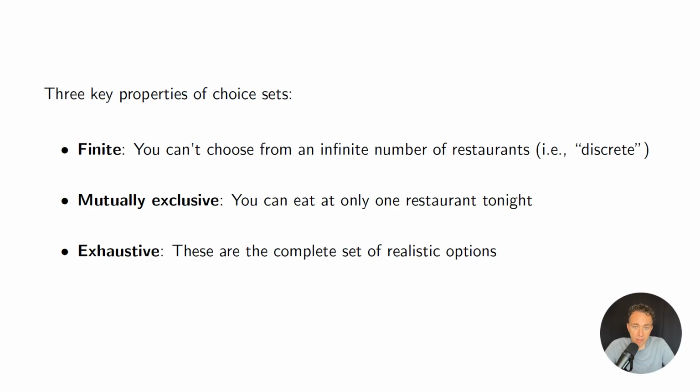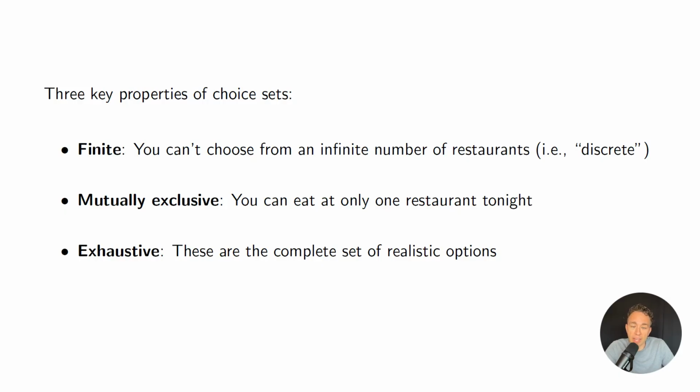These properties are not overly restrictive. We can always redefine things to satisfy these properties in a way that would still preserve the realistic nature of our data. So for example, maybe you're worried about the exhaustive property and saying, oh, well, there's actually 25 restaurants in the city and we're only looking at 5 of them.